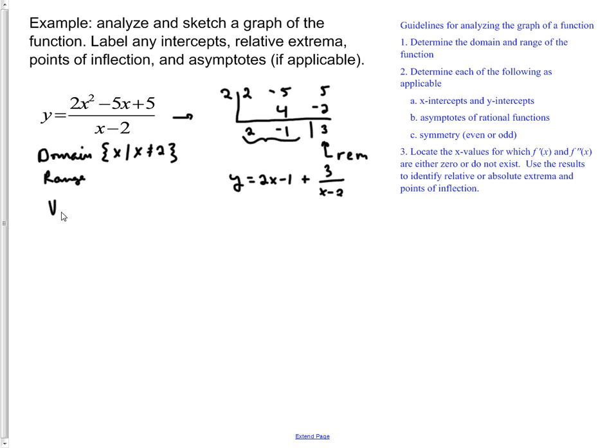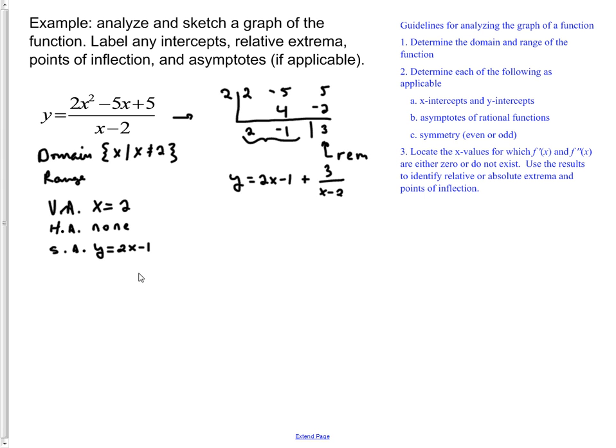We're going to have a vertical asymptote at x equals 2, since we know that x minus 2 does not divide evenly. As for a horizontal asymptote, since the degree of the numerator was greater than the degree of the denominator, there was none. But we could say there's a slant asymptote, and that occurs at the line y equals 2x minus 1. All right, that's good for us. That gives us some idea of where to go.